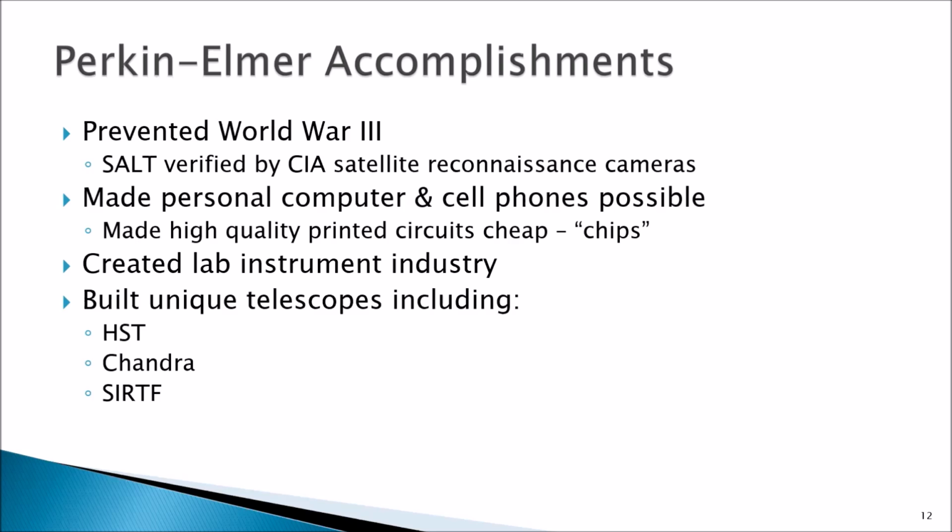There was a great fear that the Russians would have a sneak attack on the United States, not unlike what happened at Pearl Harbor. President Eisenhower insisted that the intelligence community find a way to find out what the Russians were doing. So they came up with these satellite cameras, which turned out to be tremendously successful.